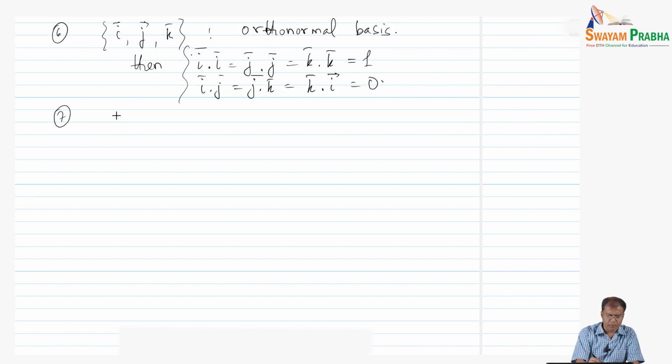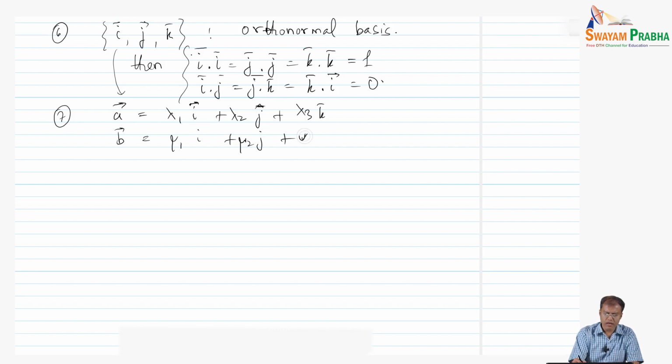So then the result says that suppose we have two vectors in 3D and we can represent these two vectors using these orthonormal bases as follows. Let's say this is lambda 1 I plus lambda 2 J plus lambda 3 K. And let's say the second vector is mu 1 I plus mu 2 J plus mu 3 K. Then I can define my dot product only in terms of these components lambda i's and mu i's.